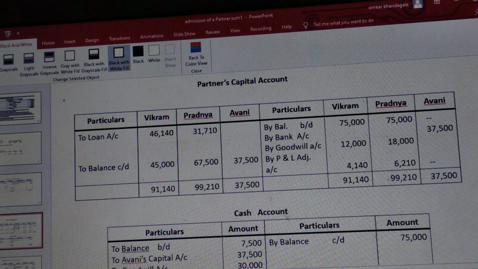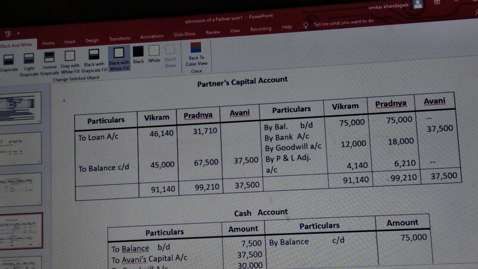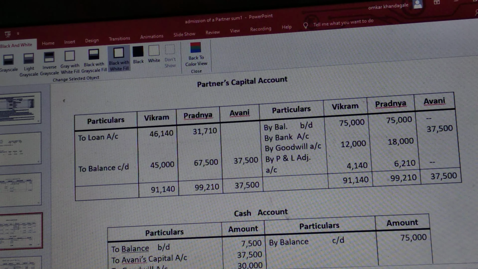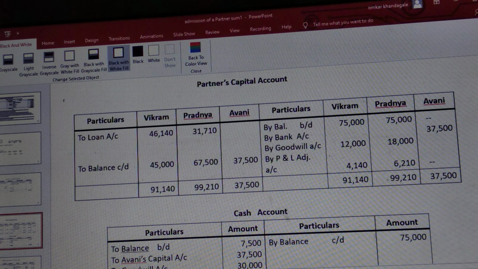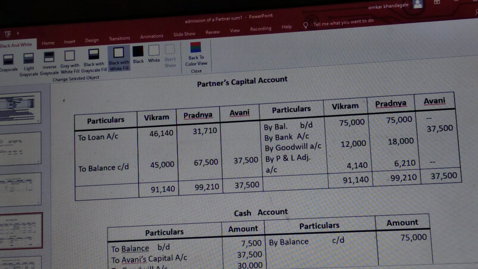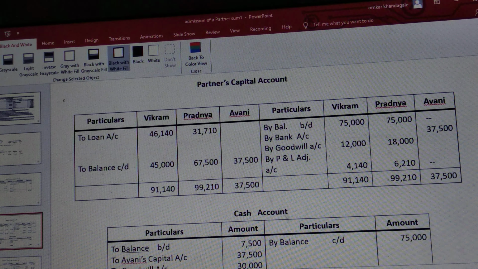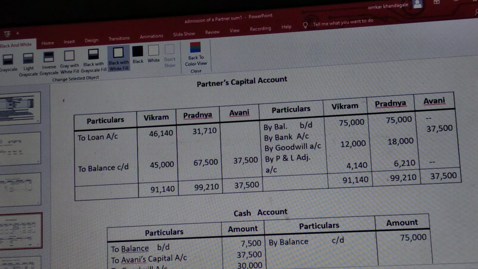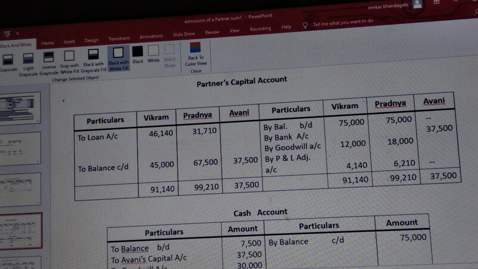So the remaining will be 31,710, and Vikram's credit side comes to 91,140 minus 45,000. The remaining will be 46,140. Now these amounts will be kept as loan in the firm. Is it clear to you?